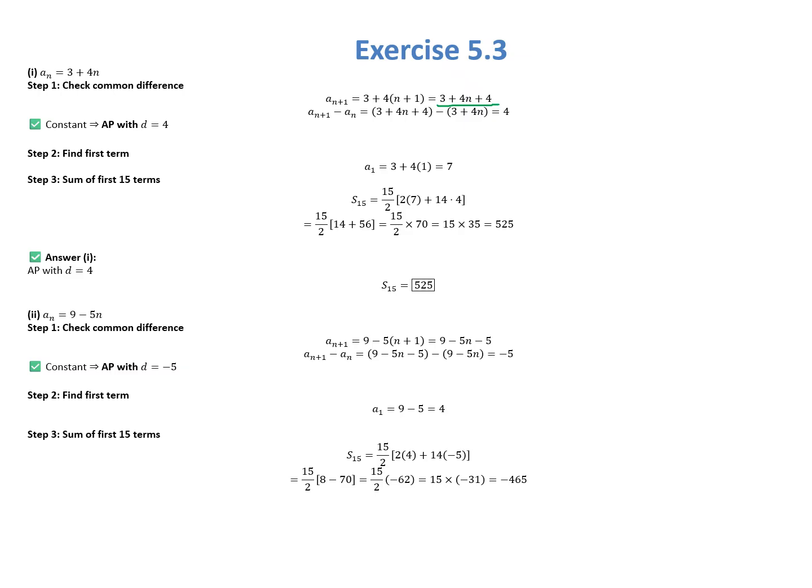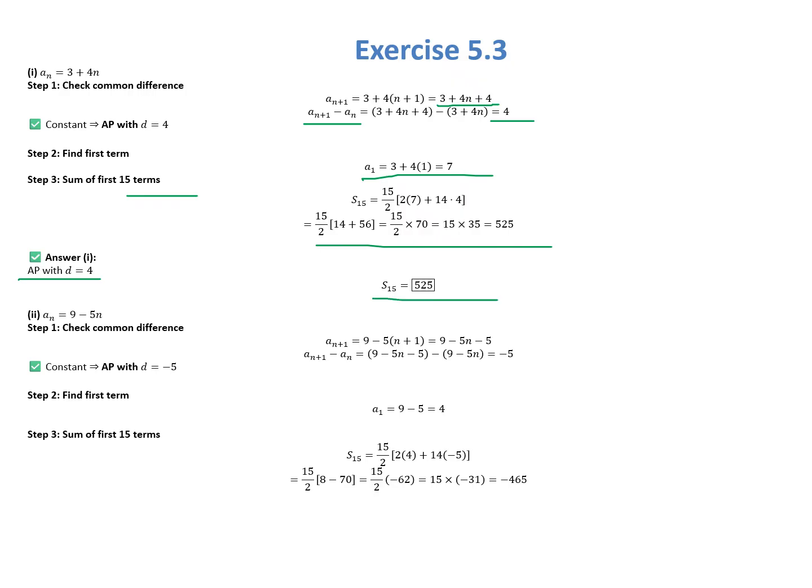When we find the common difference, which is a(n plus 1) minus an, we get the common difference as 4. Next we have to find the first term a, then a plus d, which is the 7th term, and then we have to find the sum of the first 15 terms. We'll put that formula in to get the final sum of the first 15 terms of the AP with d equal to 4, which is equal to 525.